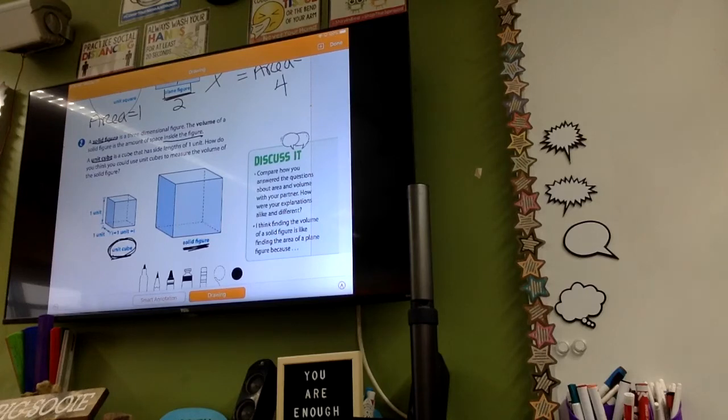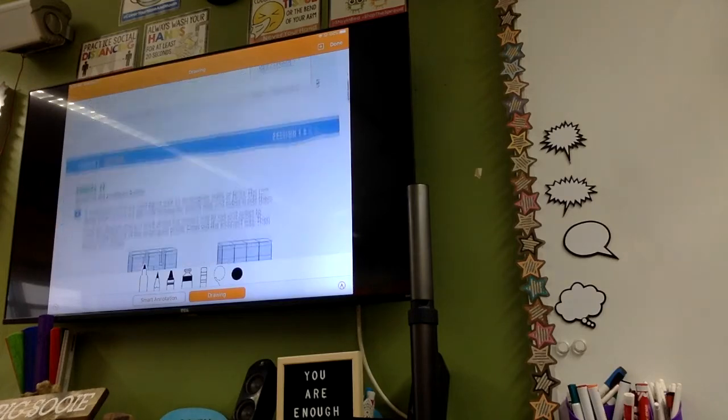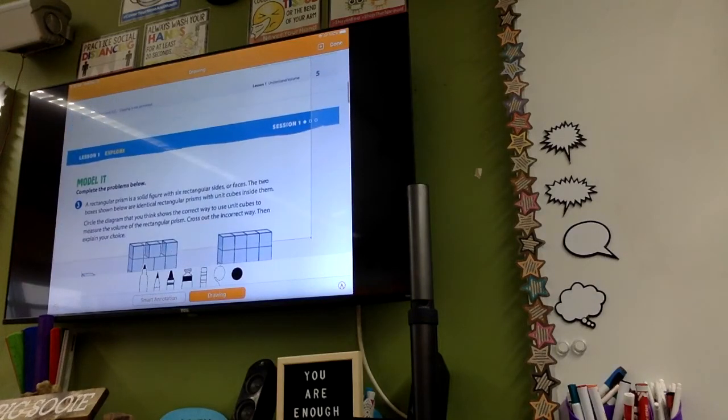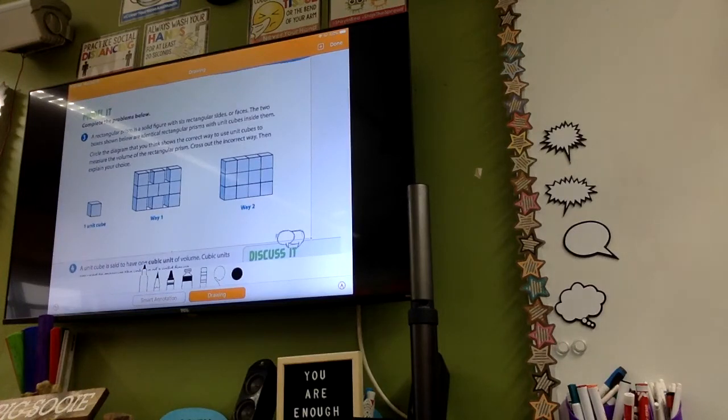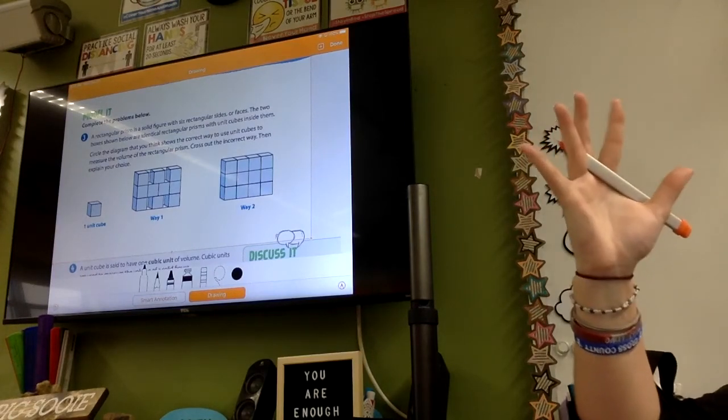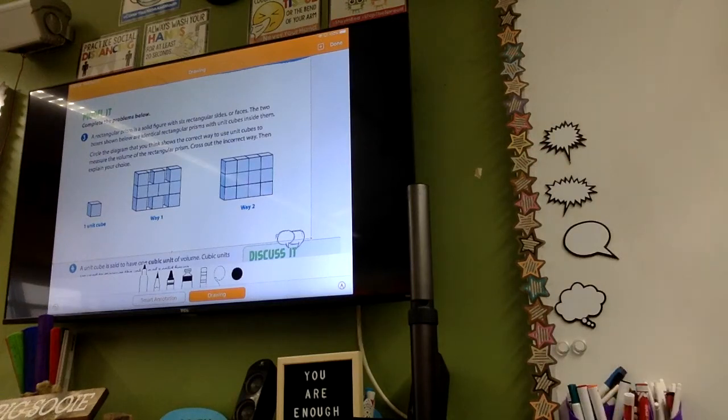So page 6. Number 3 says a rectangular prism. What's a rectangular prism? Anybody know? A 3D shape. So it's a 3D rectangle.